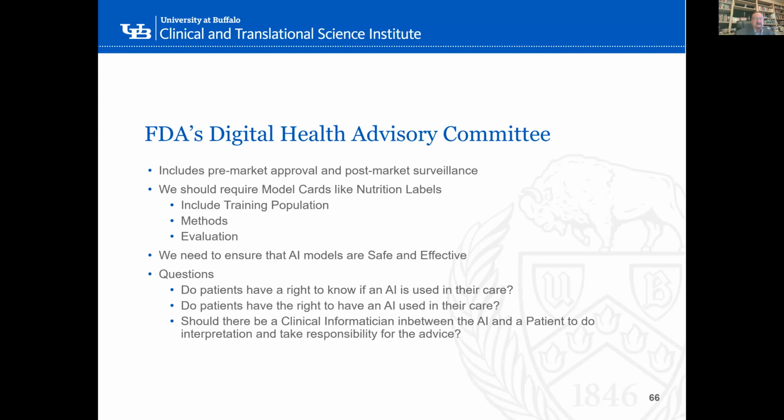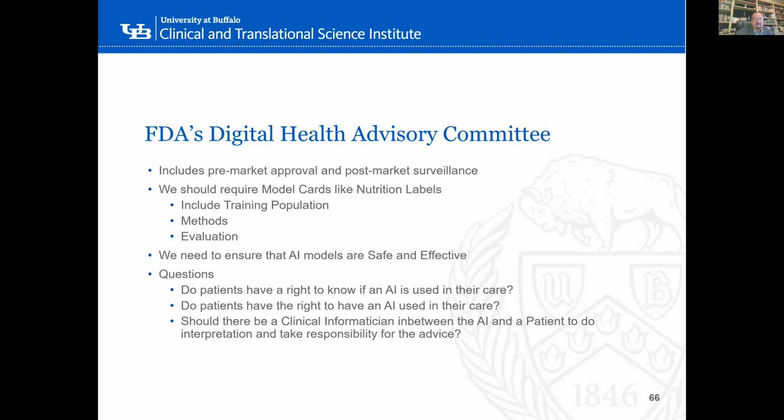It should include training population, the methods that are used, all the evaluation criteria, and how they performed on that evaluation and what the outcomes were. We need to ensure that AI models are safe and effective, and we want patients to be able to get access to the model cards as well as the doctors that have a choice of whether they want to use them or not.